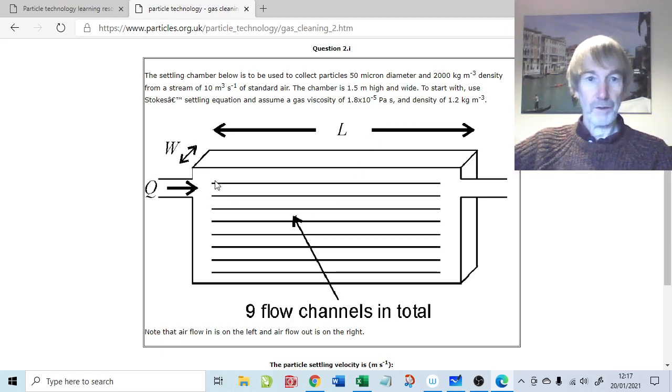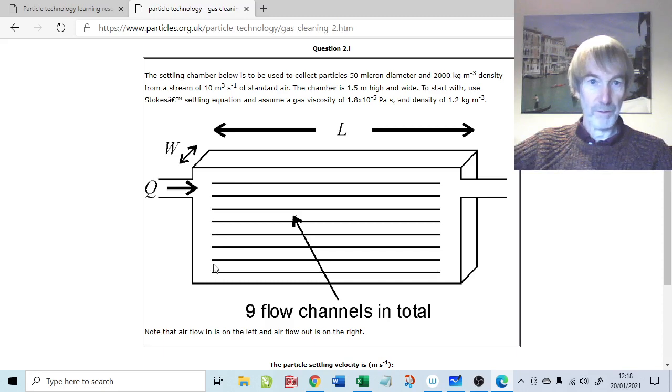So we need the terminal settling velocity of the 50 micron particles, because they'll be settling downwards at the same time as being swept from left to right by the bulk flow. It's very similar to the Camp-Hazen model, only we've split the flow up into 9 channels. You can see here 9 separate flow channels, and we'll have to assume there's equal flow over each one.